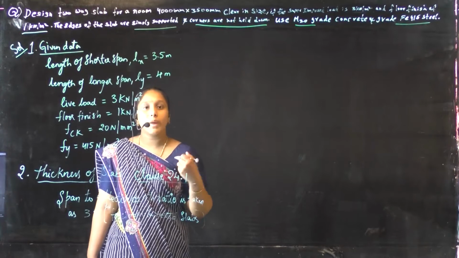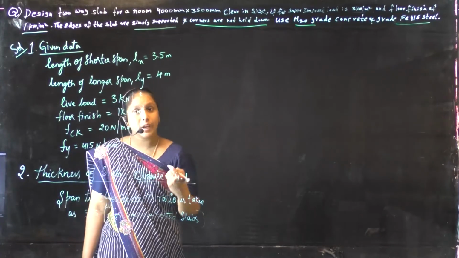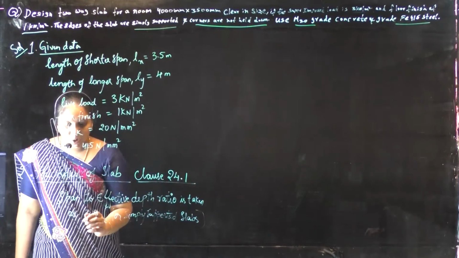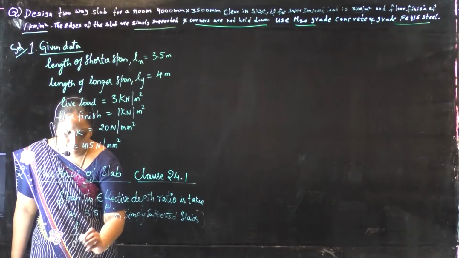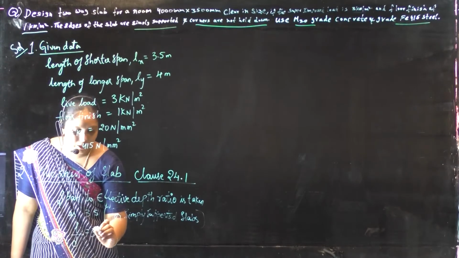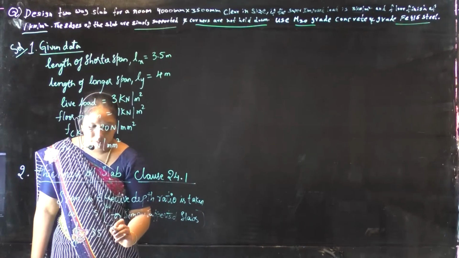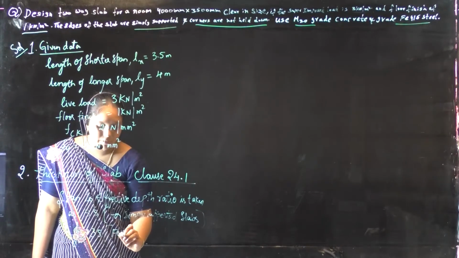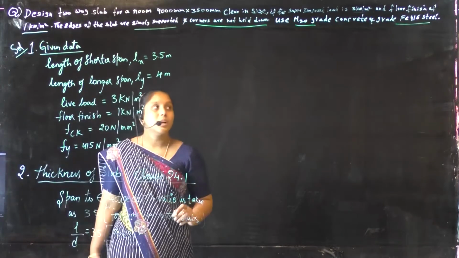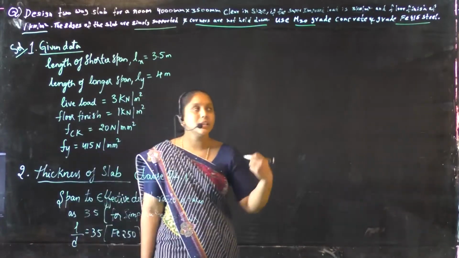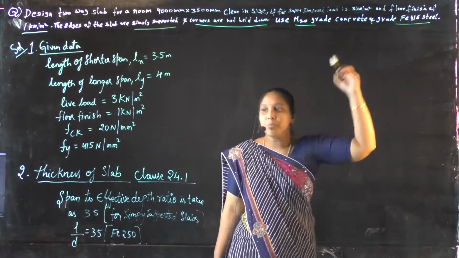That too when the grade of steel is Fe 250. So the value L by D is equal to 35, if we are using Fe 250 as per this clause. But what is the grade of steel given here? The grade of steel given here is Fe 415.